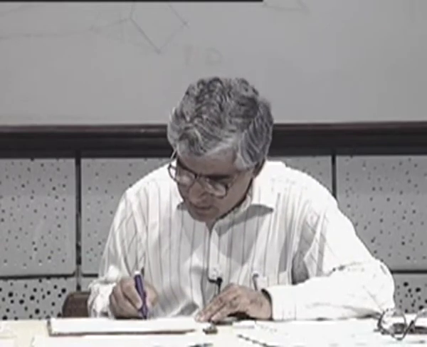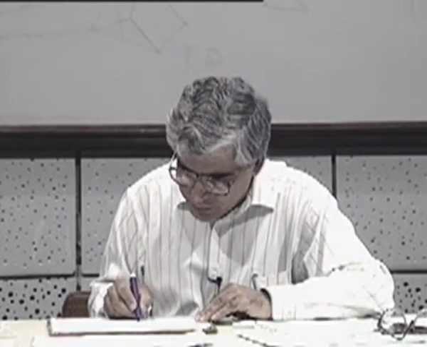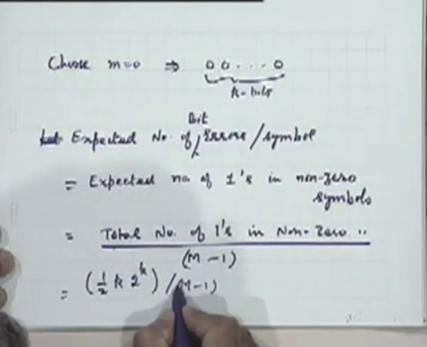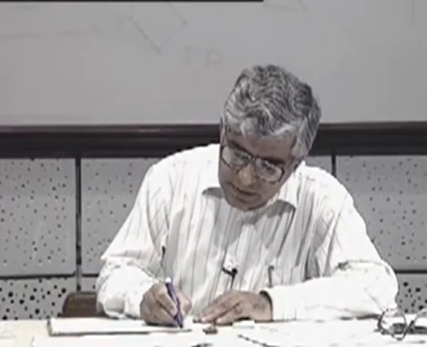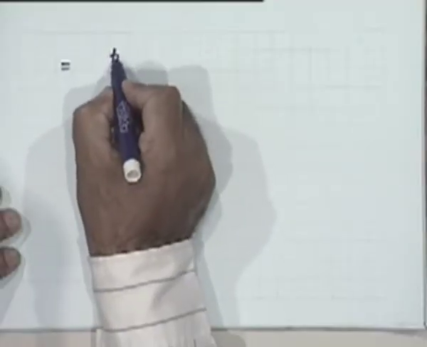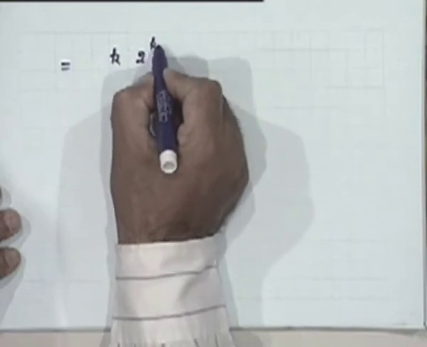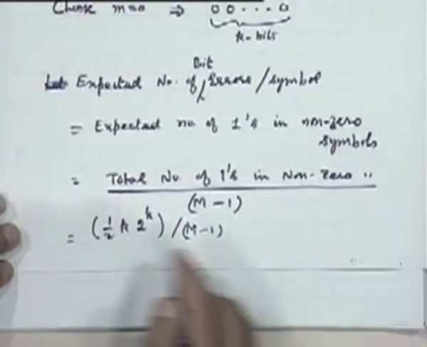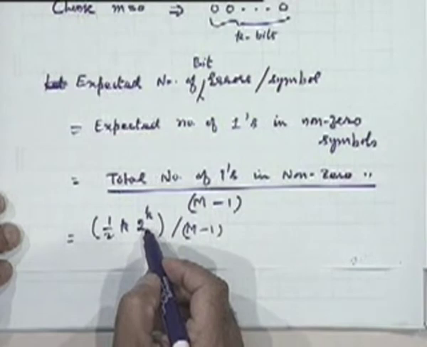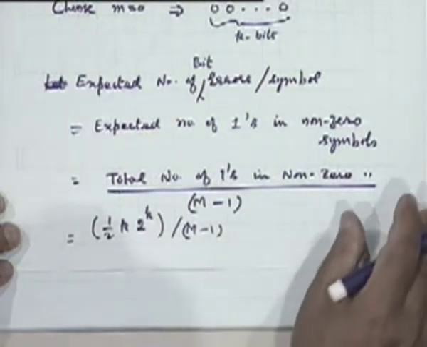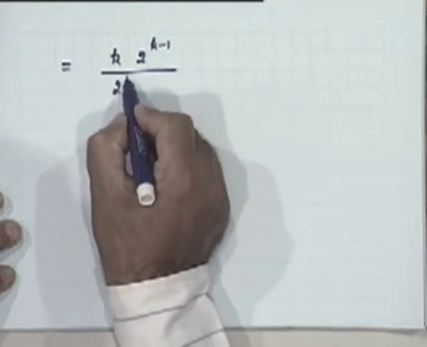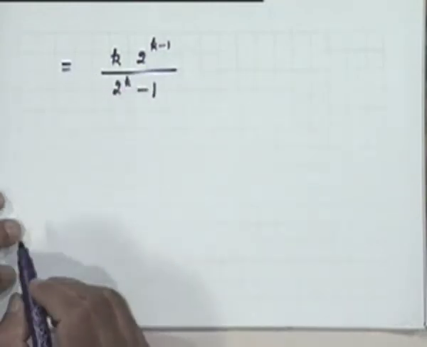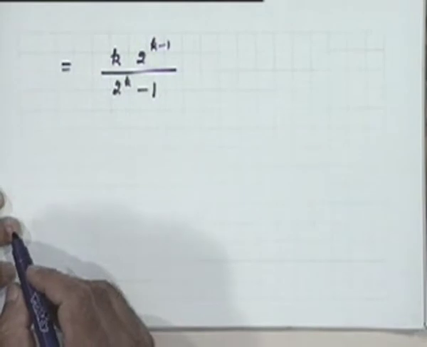So that is something that you can verify more precisely, divided by m minus 1, and substituting for m, one can write this as k times 2 to the power k minus 1, writing half of 2 to the power k as 2 to the power k minus 1, divided by 2 to the power k minus 1, right?